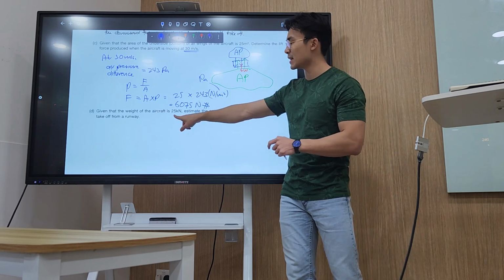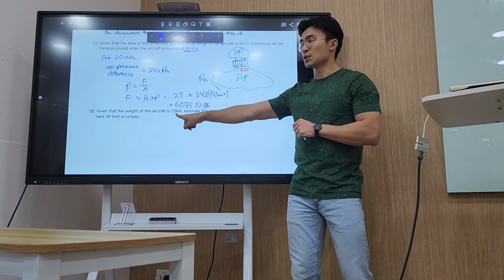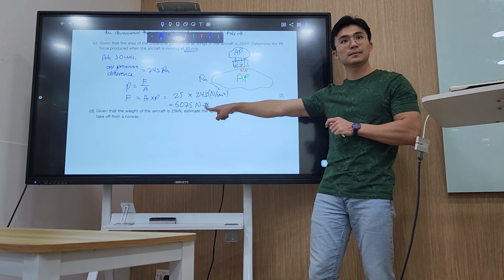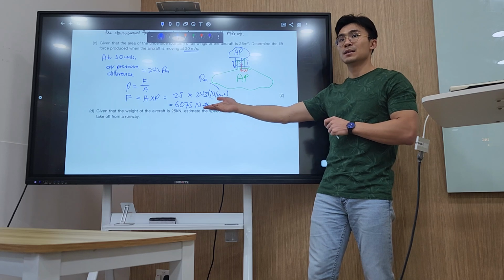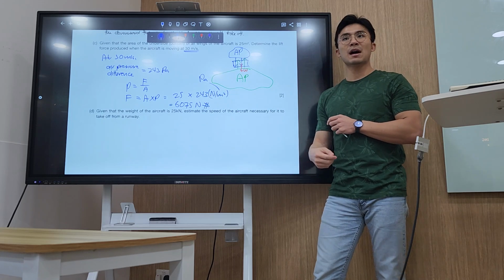But then the next part says the weight is 25,000. So at 30 meters per second, can I lift off? Cannot. So now, tell me how fast I need to be going.